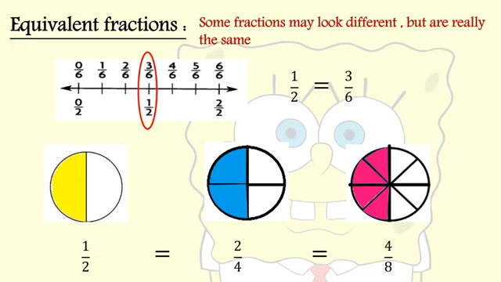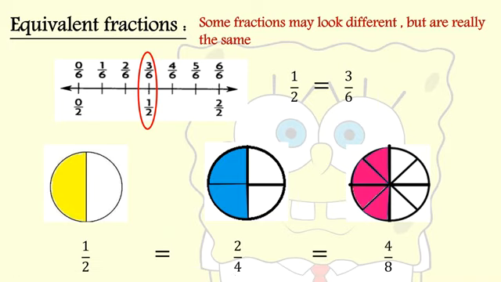And you can see if I multiply the numerator and denominator by the same number, then I'm not changing what the fraction represents. Like here, I multiplied 1 by 2, that's why I have numerator 2, and I multiply 2 by 2 also to make denominator 4.